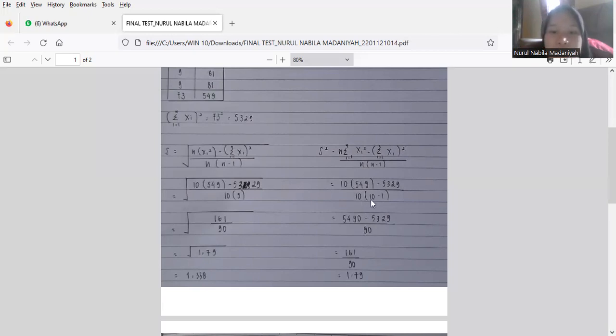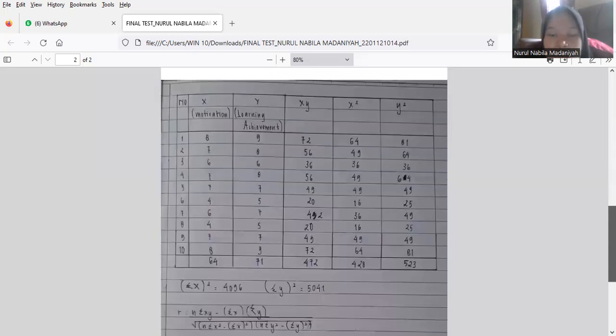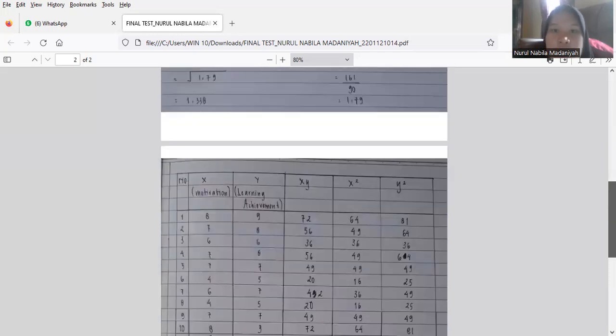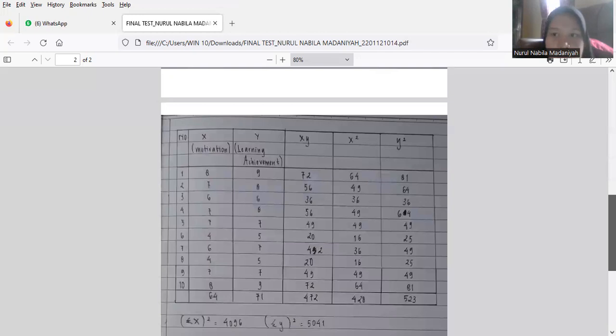It is from 10 times 9, I get 90, and then 5,490 minus 5,329, I get 161 per 90, and the answer for the variance is 1.79. Okay, next we move to number 3.